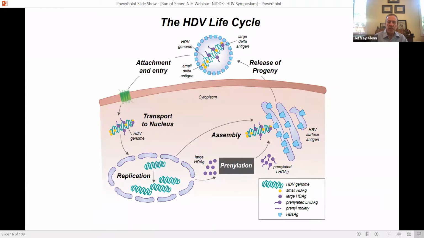And then next slide. After this initial entry and uncoating event, the nucleocapsid, as I mentioned, is transported to the nucleus where replication occurs. This is all RNA-dependent RNA replication. There are no DNA intermediates, no archiving.